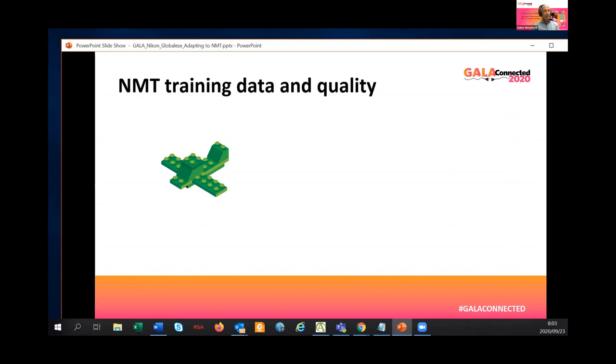So let's start with the very basics: how neural machine translation works. Imagine this small Lego airplane. Let's assume this is your language asset, your translation memory from the past, your legacy translations. When you are training an engine using this translation memory, the different building blocks, the basic elements of this training data, are cut up into different basic chunks.